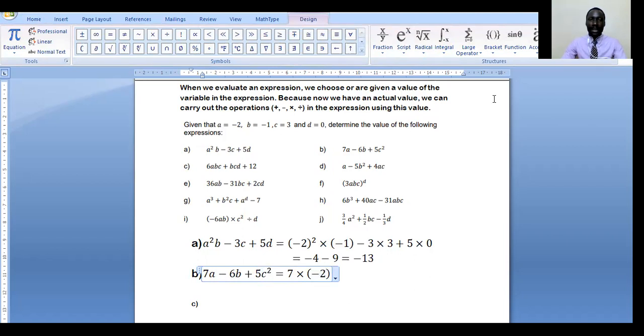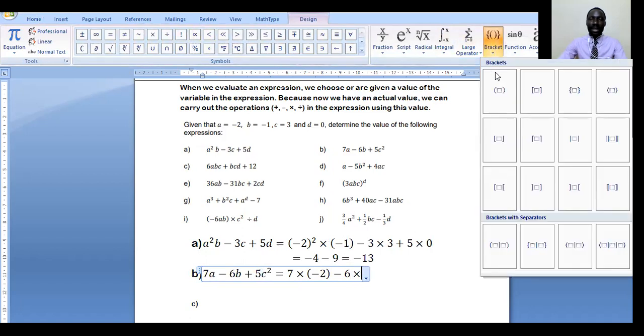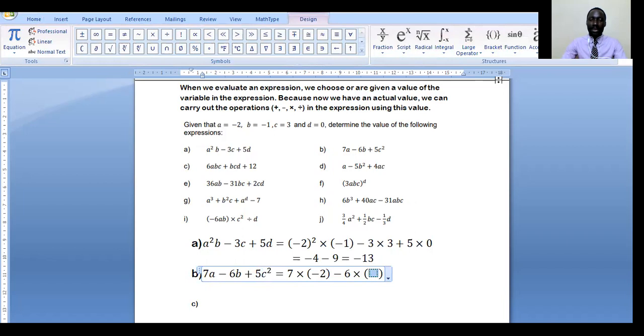So this is 7 times negative 2 for A, minus 6 times B. Notice that B in this case is negative 1, so we are going to have 6 times negative 1. Again, the negative 1 will be put inside the bracket. Then we will have plus 5c squared.